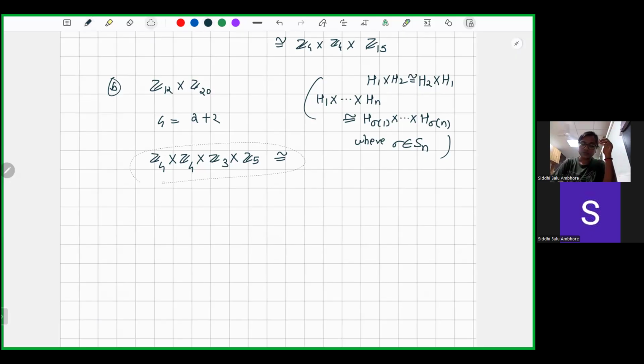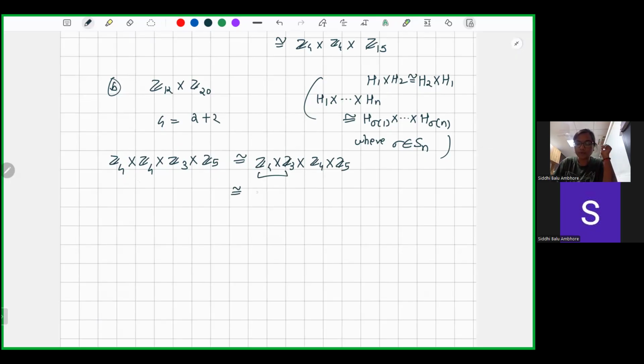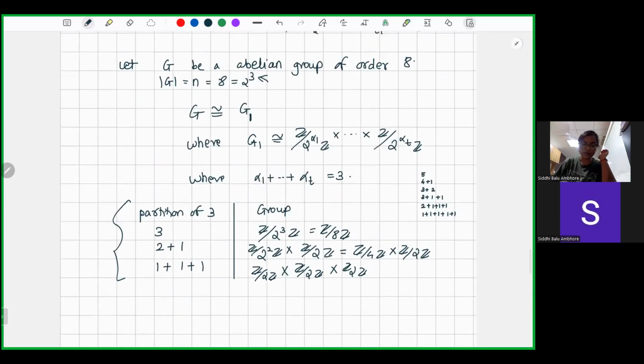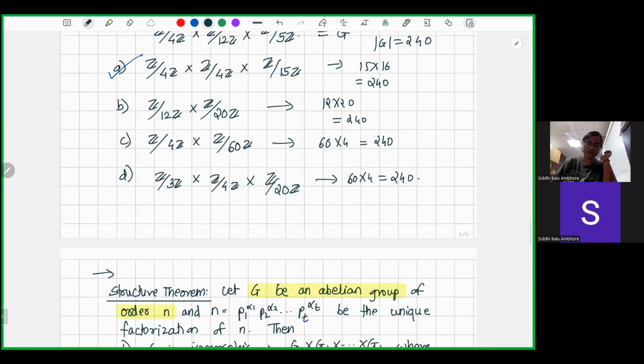Okay, and so that's why this will be isomorphic to Z4 cross Z3 cross Z4 cross Z5. And then this had GCD 1. So this Z4 cross Z3 will be isomorphic to Z12. And this will be isomorphic to Z20 here. And that will give me my second option, Z12 cross Z20.